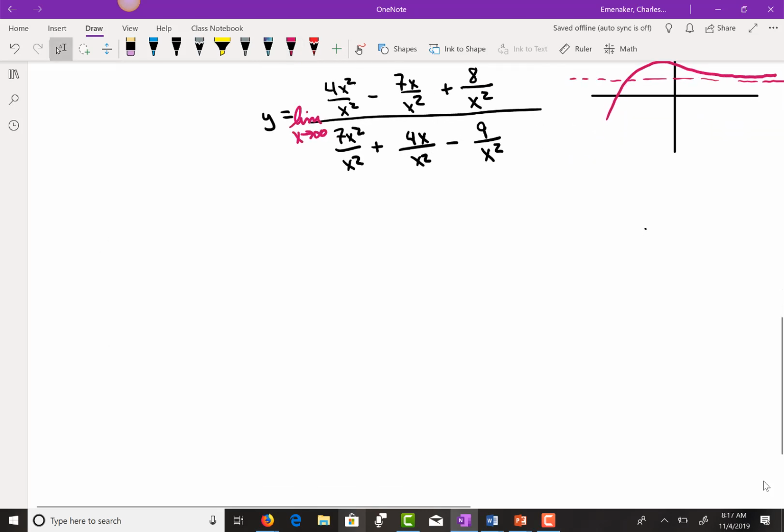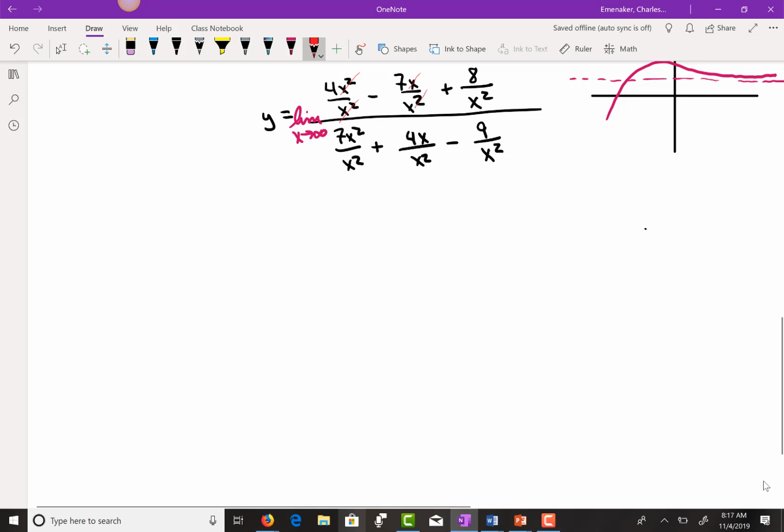If we think about it in that setting, what will wind up happening is the x squared over x squared will cancel, and that'll just leave us with 4 in that first term, won't it? In the second term, an x will cancel, and that'll leave us with 7 over x.